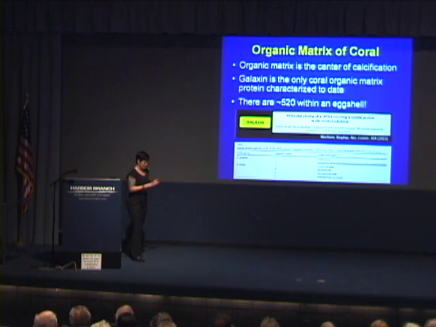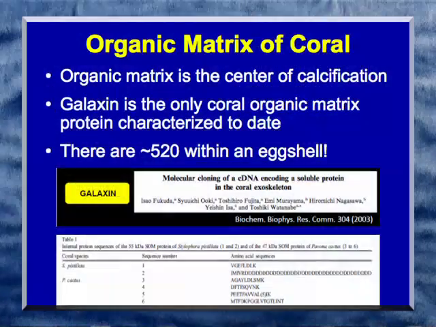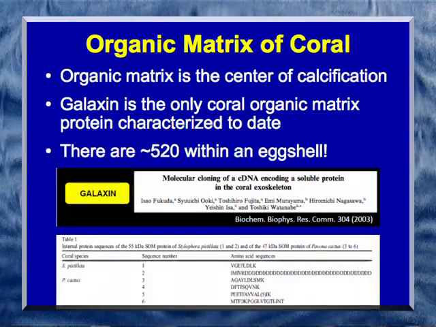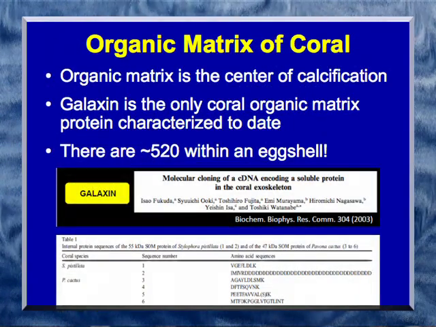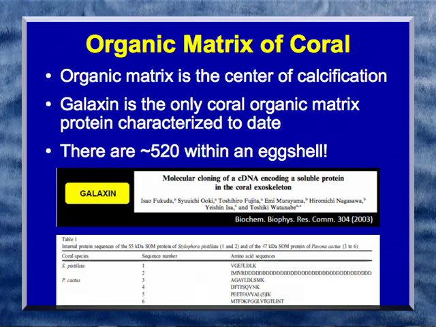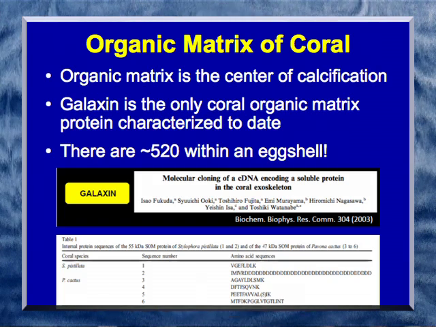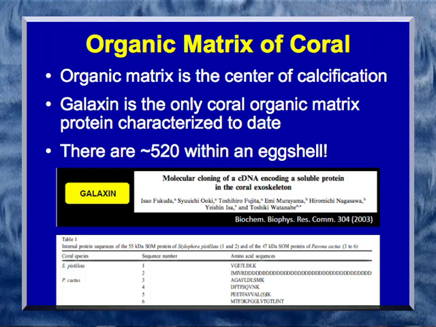One of the other things we do know regarding coral calcification, or anything having to do with the coral skeleton process, is they've identified the organic matrix, which is the center of calcification, and at least one protein from corals has been identified that's involved in the organic matrix.